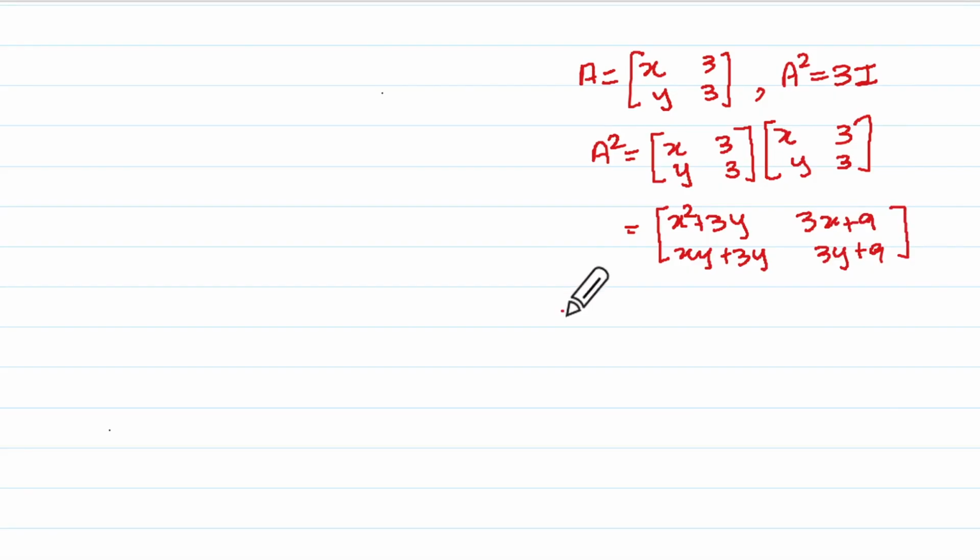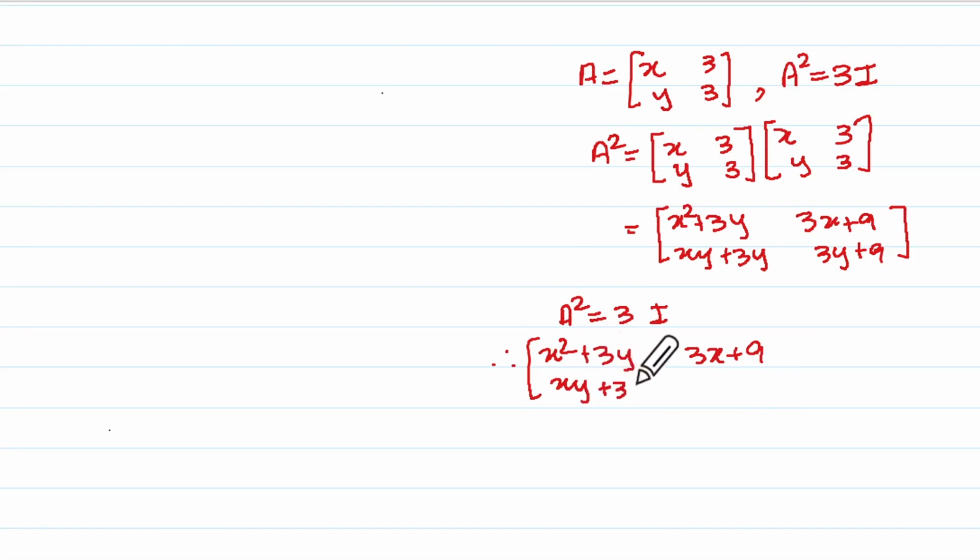Then they are telling you A squared is equal to 3I. Therefore, I will write this: x squared plus 3y, 3x plus 9, and here xy plus 3y, and here 3y plus 9 is equal to 3 into the bracket 1001.